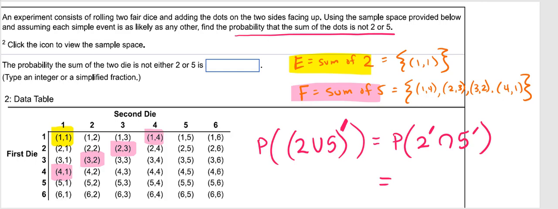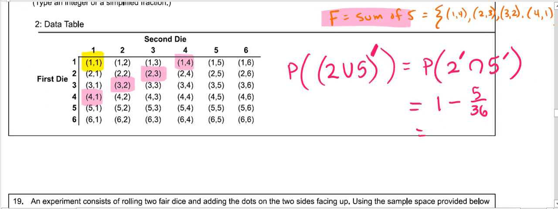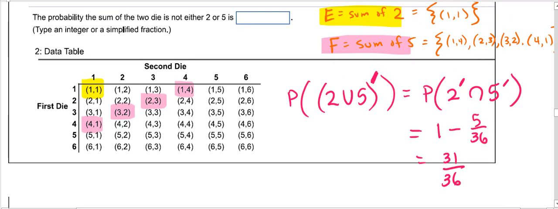You get an intersection of complements. Okay, so how many are not colored? Well, there's 1, 2, 3, 4, 5 that are colored, so that's going to be 1 minus 5 out of 36. So your answer is 31 out of 36. Of that sample space, there are 31 that are not a 2 or 5.